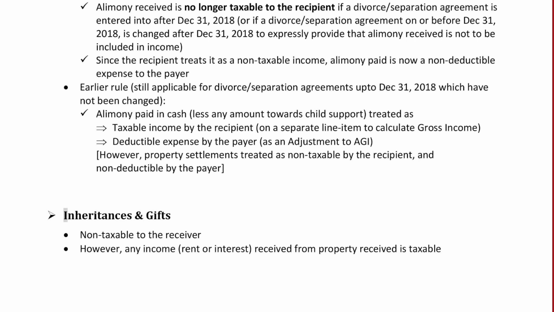However, the earlier rule, which still applies for divorces up to 2018, and highlight up to 2018, for the ex-wife, alimony received is taxable income, and highlight that. And because it used to be taxable income for the ex-wife, for the husband, alimony paid was a deductible expense. And right there, adjustment.